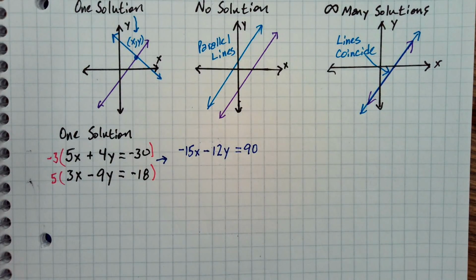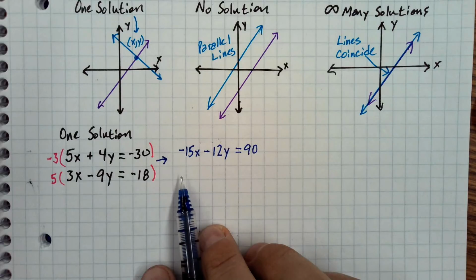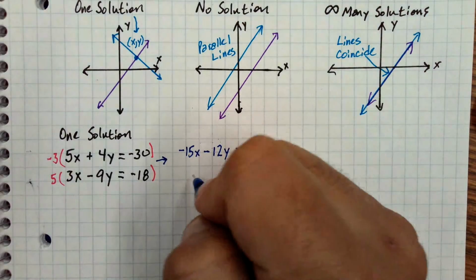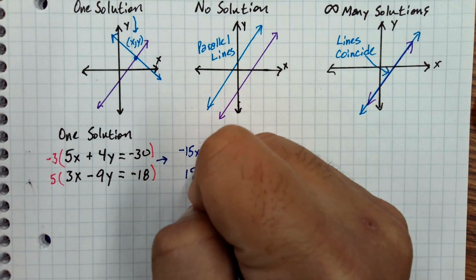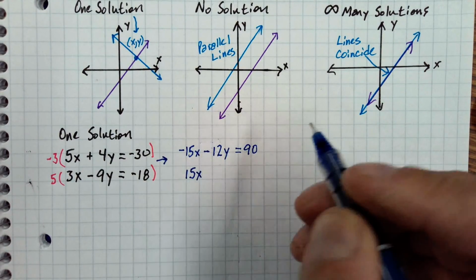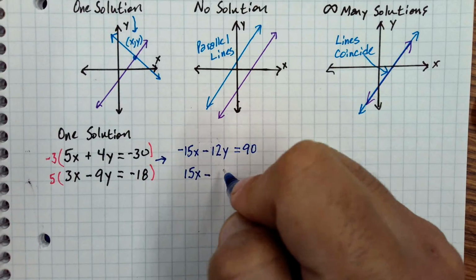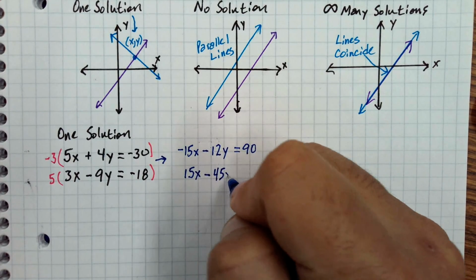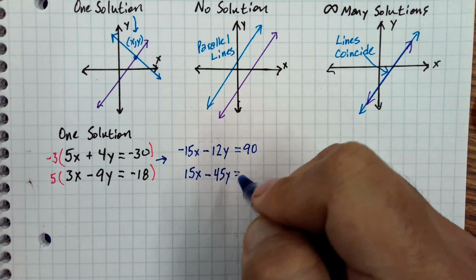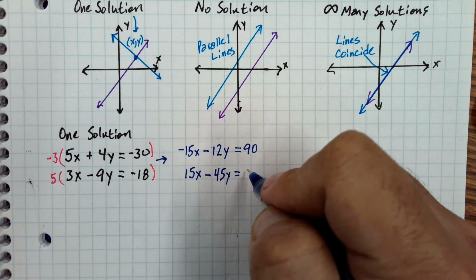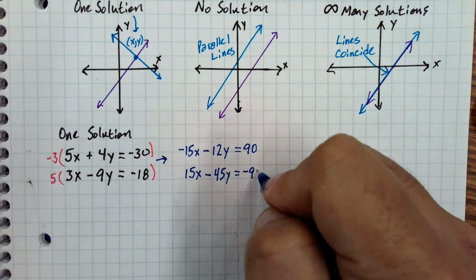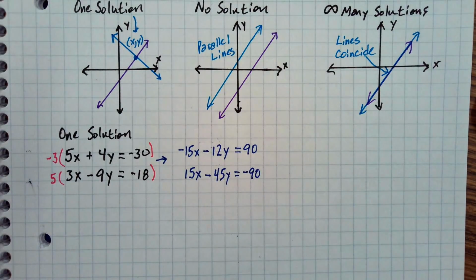Now, next, we're going to multiply here by 5. So this is going to be 15x minus 45y equals negative 90. Okay.